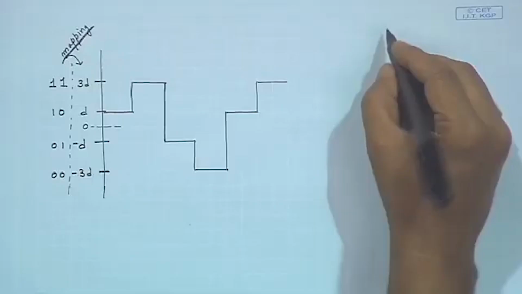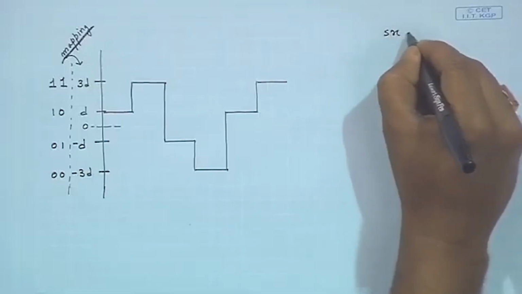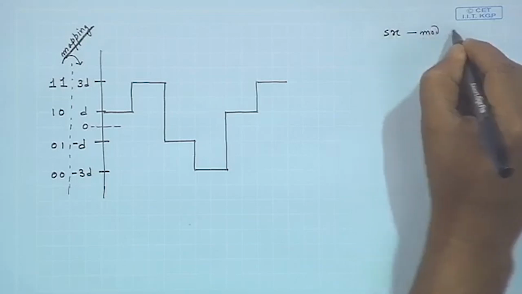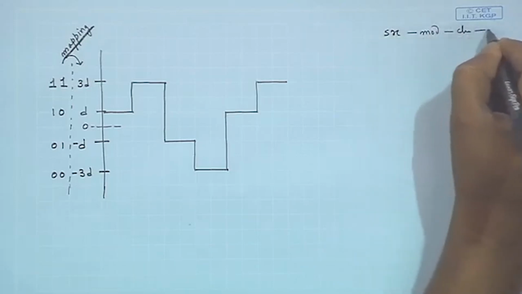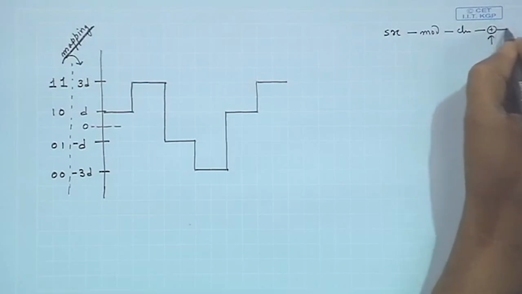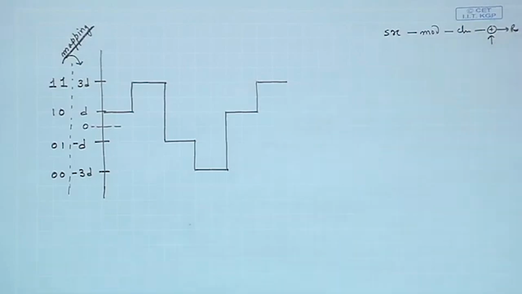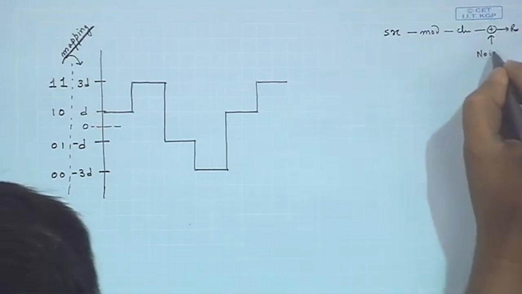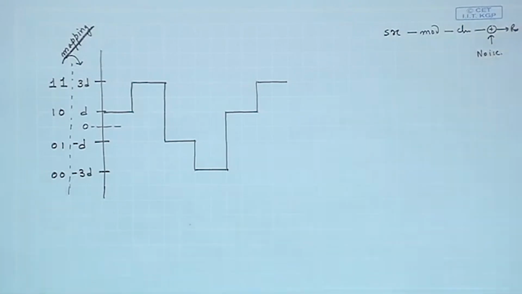If you recall our earlier discussion, there is the source, there is the modulator, then there is the channel, and there is noise getting added before it enters the receiver. We also said that this noise is because of all kinds of components present in the receiver, and one of the simplest channel models we can think of is the additive white Gaussian noise channel.